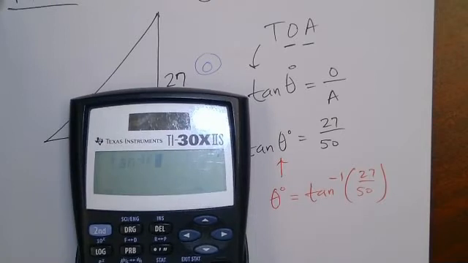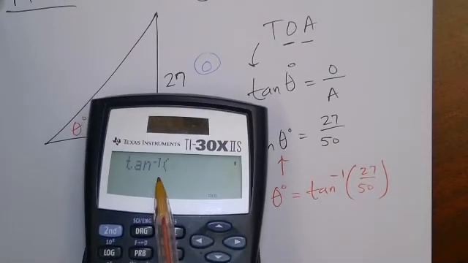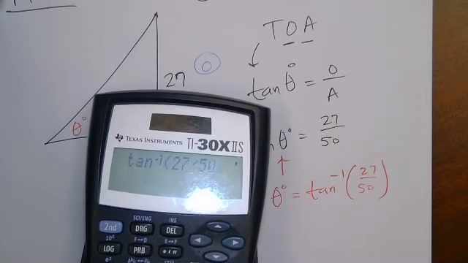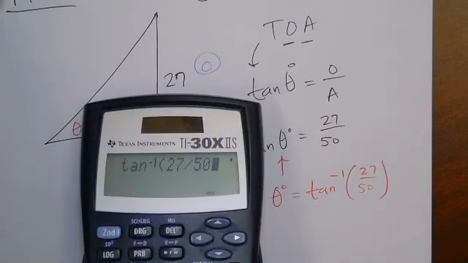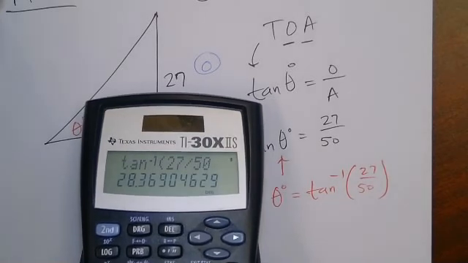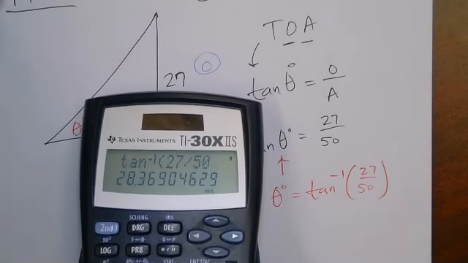Go to tangent inverse, make sure it has that little -1 exponent, 27 divided by 50. If you hit enter, that angle measure is 28.369.